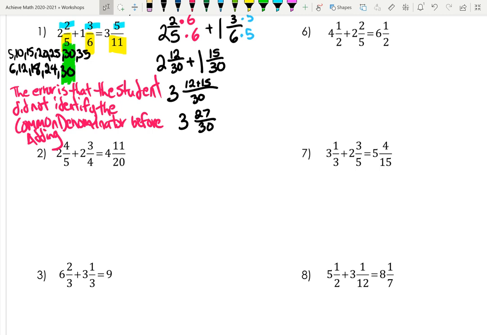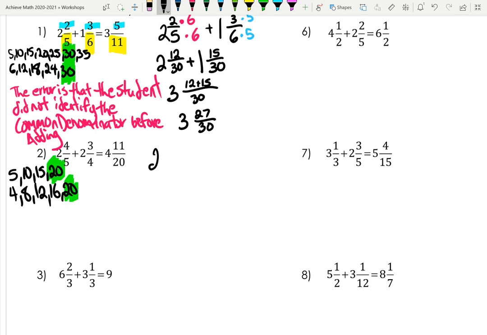Okay, this next one, I'm going to go ahead and look at it. 2 4/5 plus 2 3/4 is equal to 4 11/20. Let me go ahead and find, did they find the right LCM? 5 and 4. I stop at the 20 because I identify the LCM as 20.